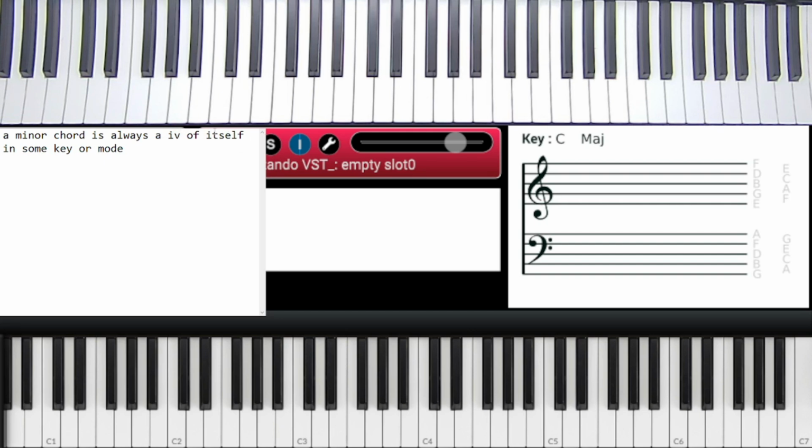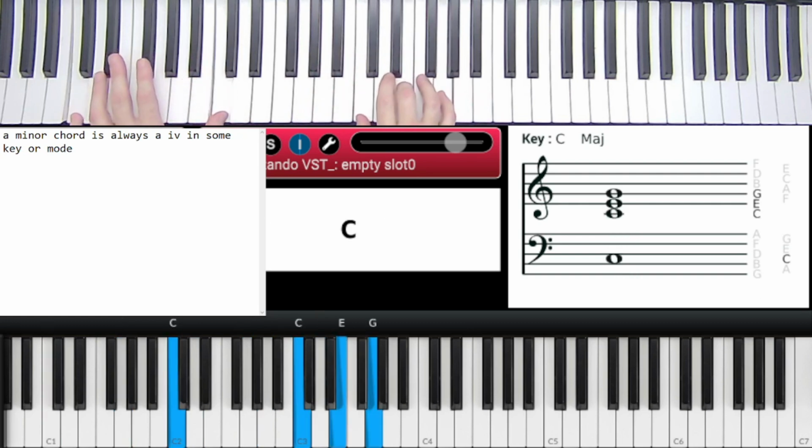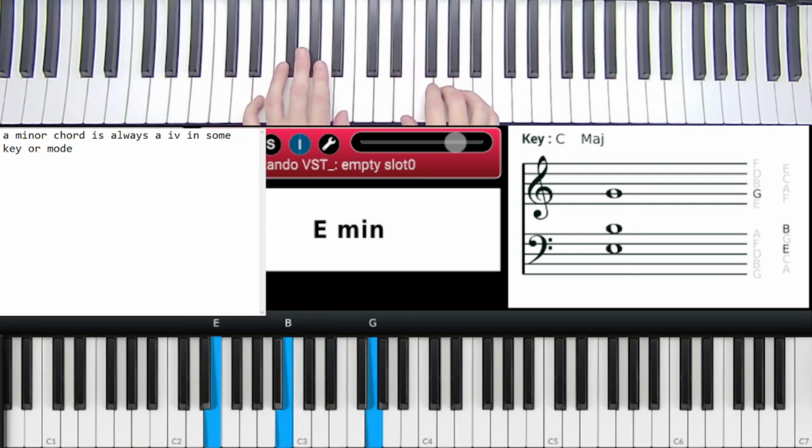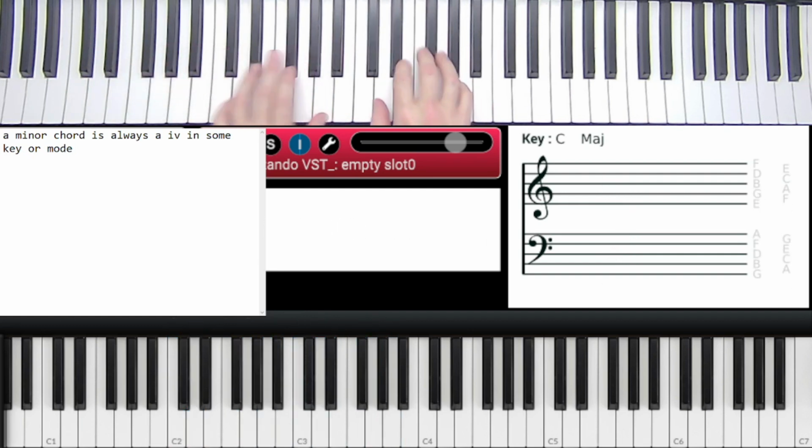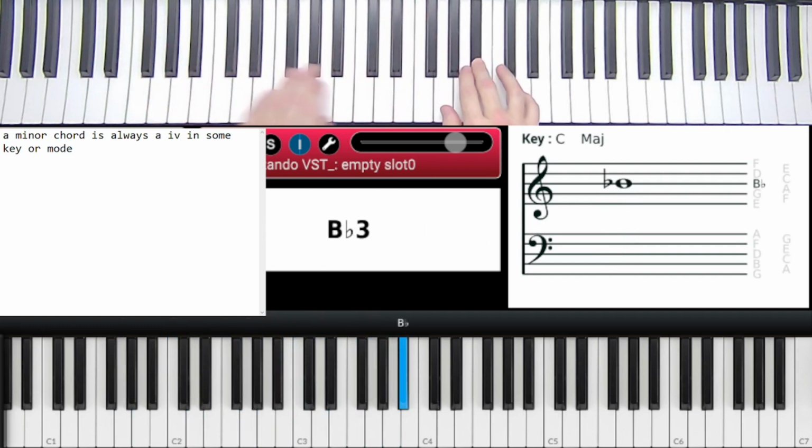Okay, so it's always the 4 chord of some key or mode. So this is a methodology here. I know it's the 4 chord of G minor. So again, play something in maybe C, convert it.